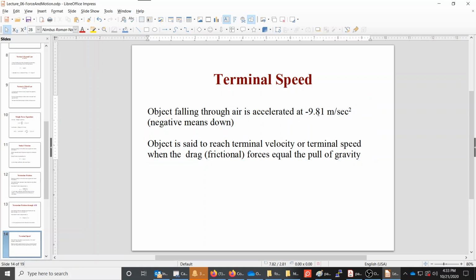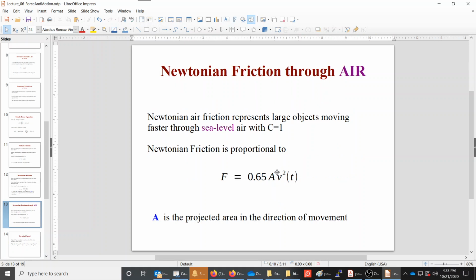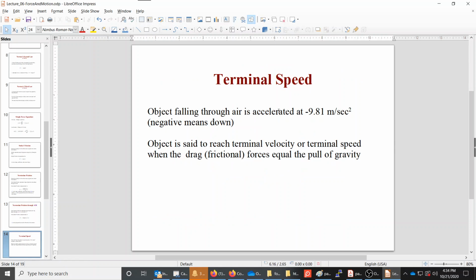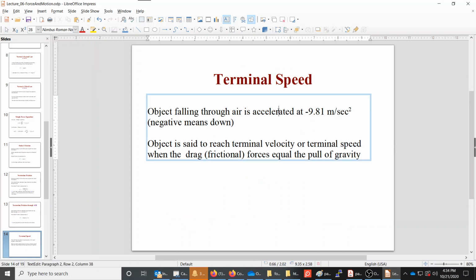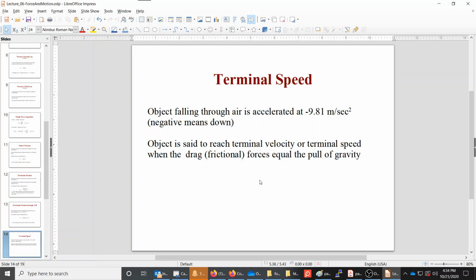However, as our velocity increases, we also get this equation, which is opposing that. So when this force here is equal to your acceleration force, then you reach what we call terminal velocity. All right, and so you're still moving through the air, but you're not speeding up.